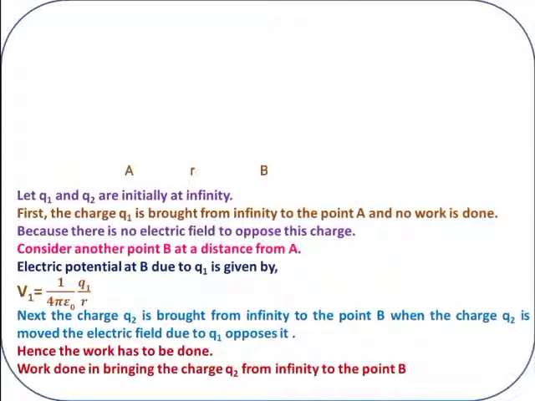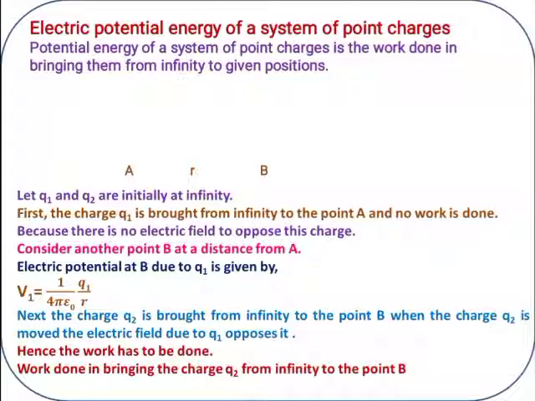Second one, electric potential energy of a system of point charges. Potential energy of a system of point charges is the work done in bringing them from infinity to given positions. Same type of derivations here.